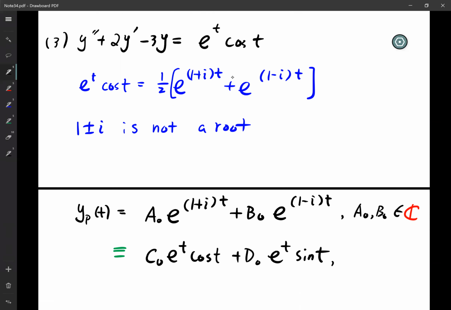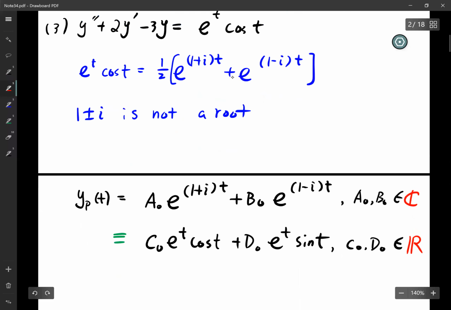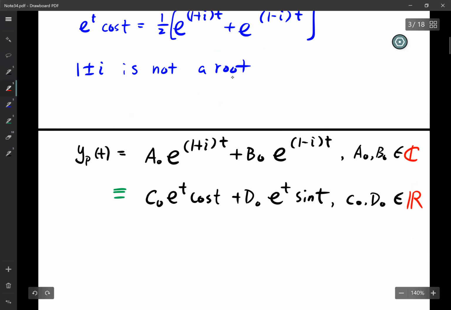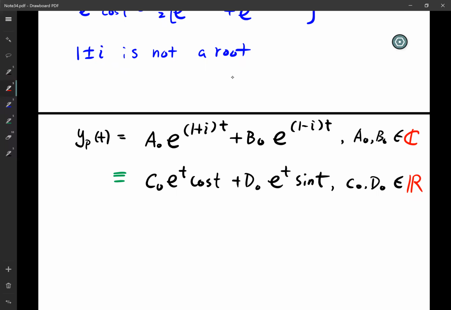Here c naught and d naught are real. We expect the two constants to be determined by matching with the left-hand side, and they are real. So either this one or this one would be a valid ansatz.